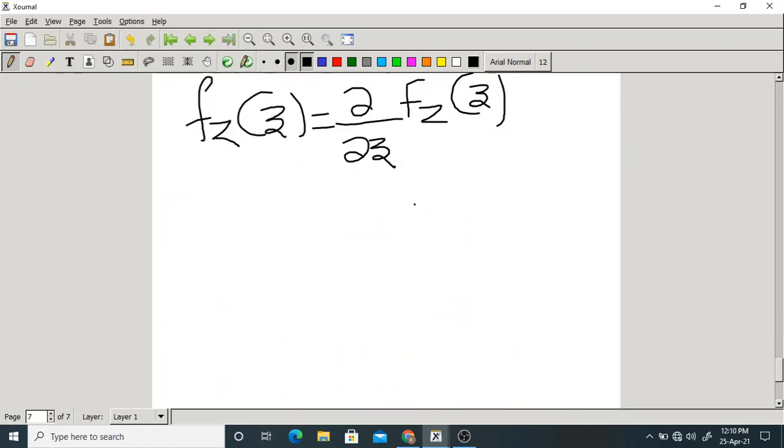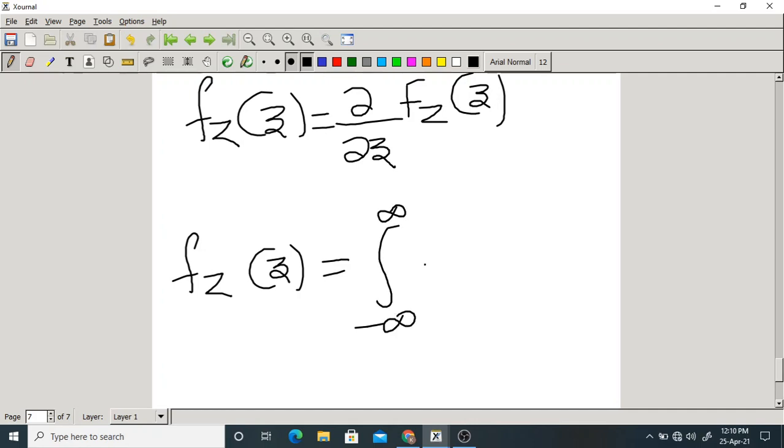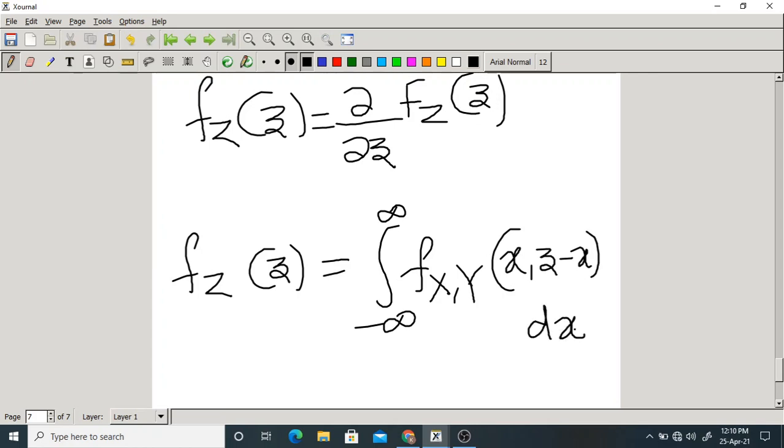What you get here is f_Z of z equal to the integral from minus to plus infinity of f_XY of x comma z minus x, dx. This is the final outcome for the PDF of Z.